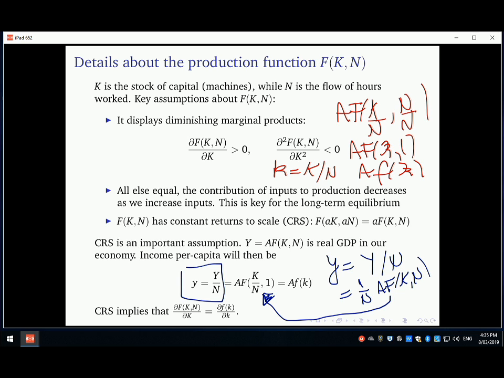K over N will be... yes, so Y over N is output per person, output per capita, GDP per capita. That little y. In this simple model the population is N, and they are all working. So output per person is output per hour, the same thing in this simplified model.